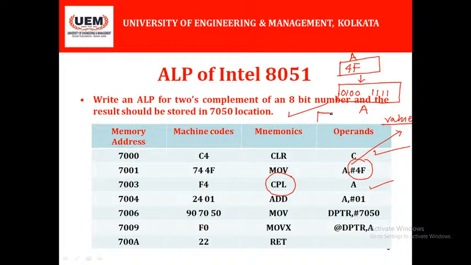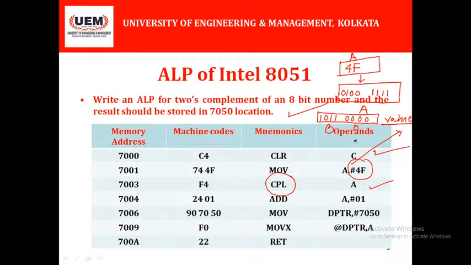So the complemented value of the A register will be 1011 0000. We all know that 0000 is hexadecimal 0, and 1011 is hexadecimal B. So B0 is the value.